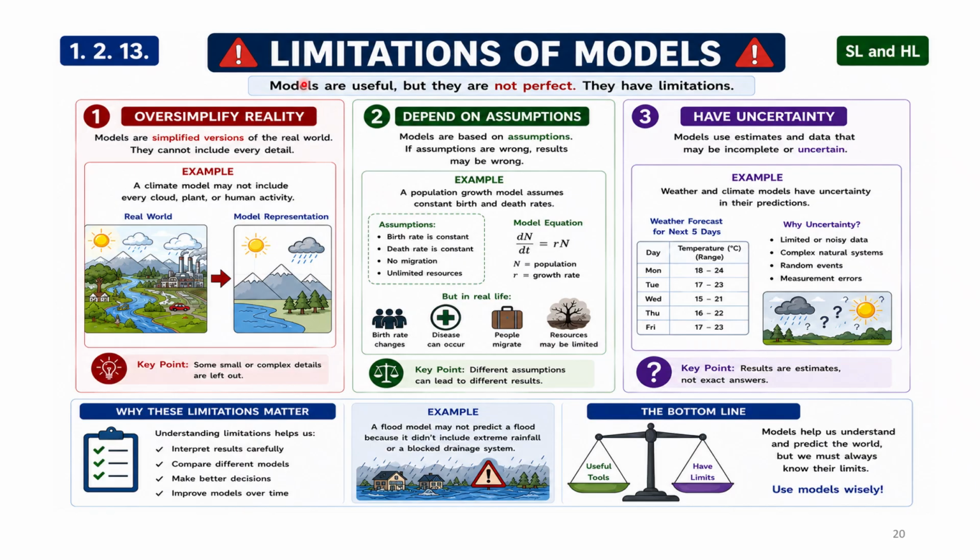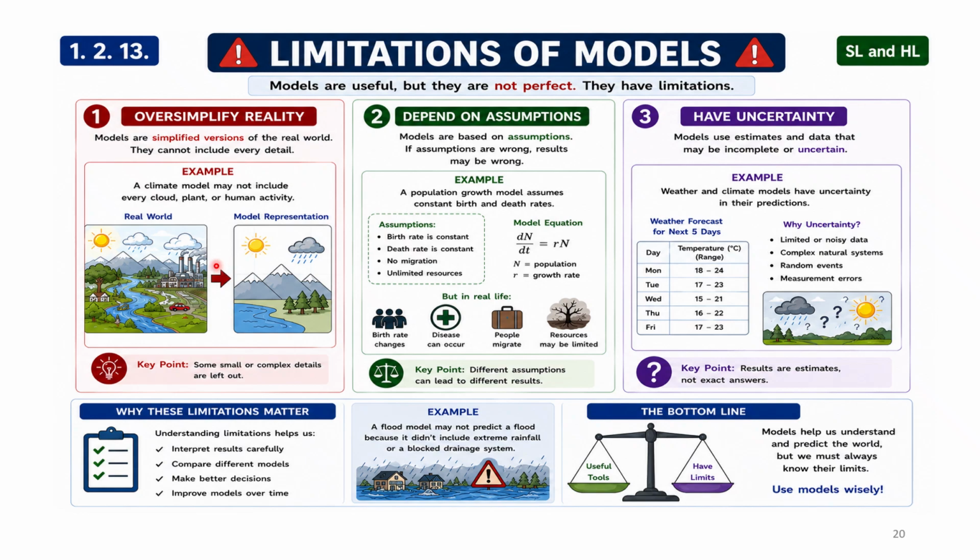Although models are powerful scientific tools, they are not perfect, and understanding their limitations is essential in environmental systems and societies. First, models oversimplify reality by focusing only on the most important components while leaving out many details.